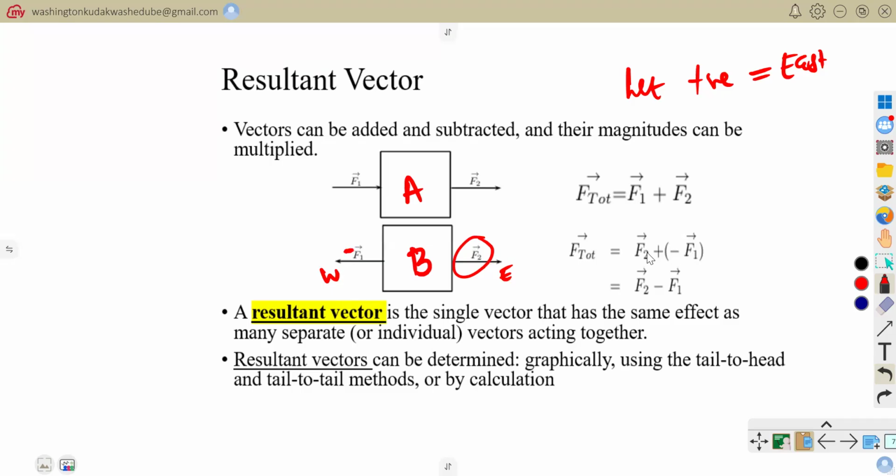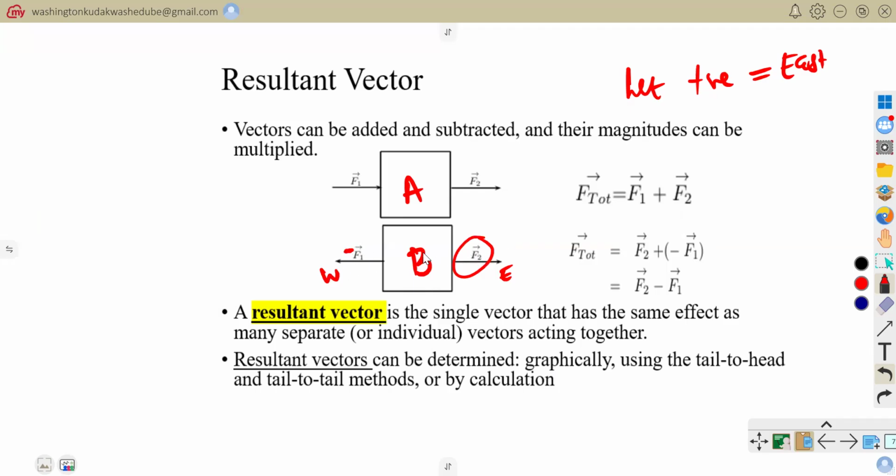That's why here they actually said F2 plus F1, but F1 is carrying a what? A negative direction. So that negative direction actually comes to become a negative here when you are summing up. So that the magnitude becomes a negative here. So that at the end of the day, you would have F2 minus F1.